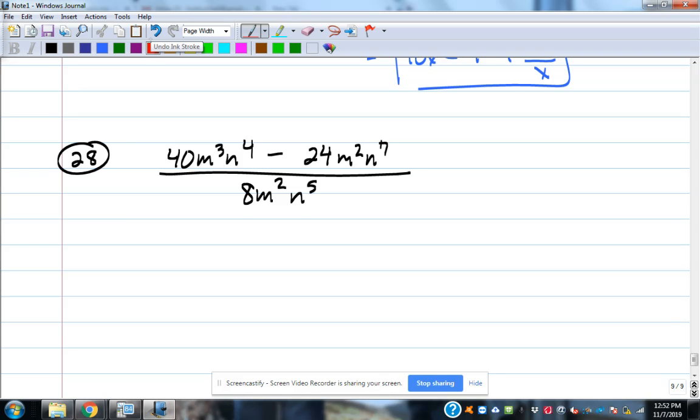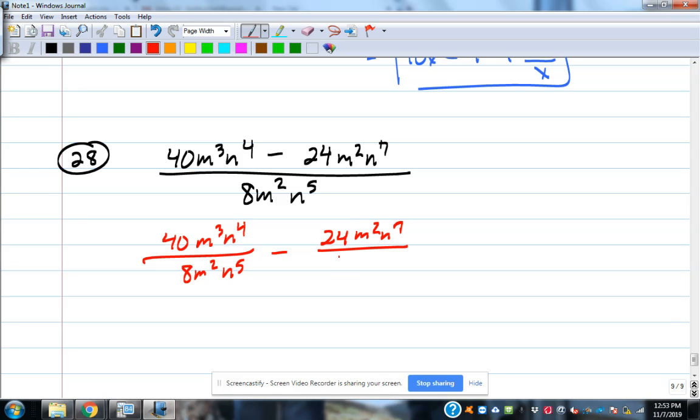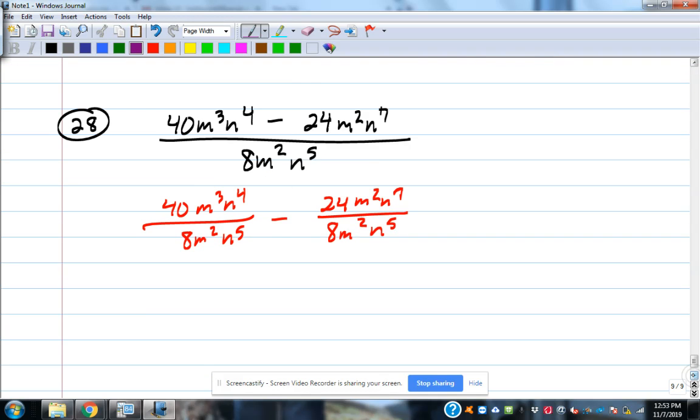Split it up and work it out. Split them up, simplify each one individually.